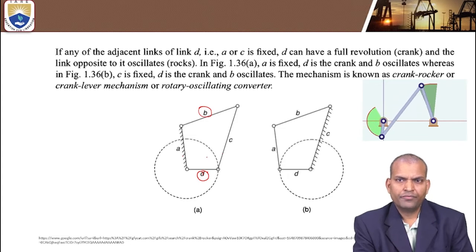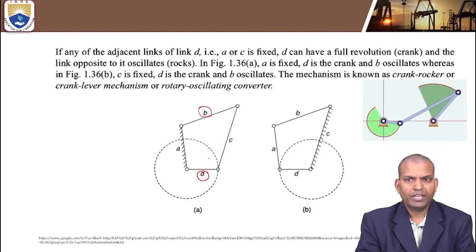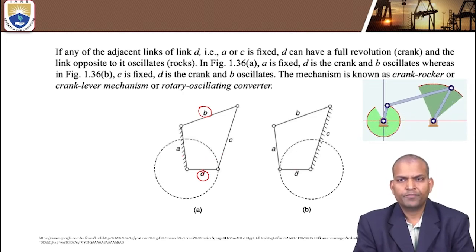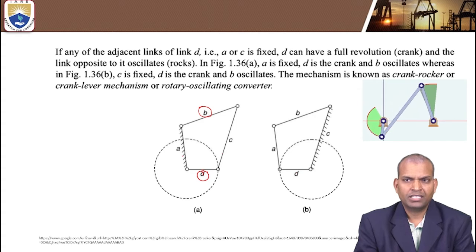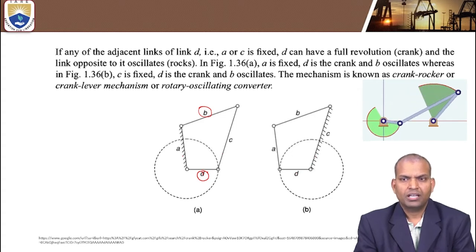The mechanism obtained is called a crank rocker, or crank lever, or rotary oscillating converter mechanism. We can see here in figure B, the shortest link D, beside another link, that is C, is fixed. Then link D acts as a crank.